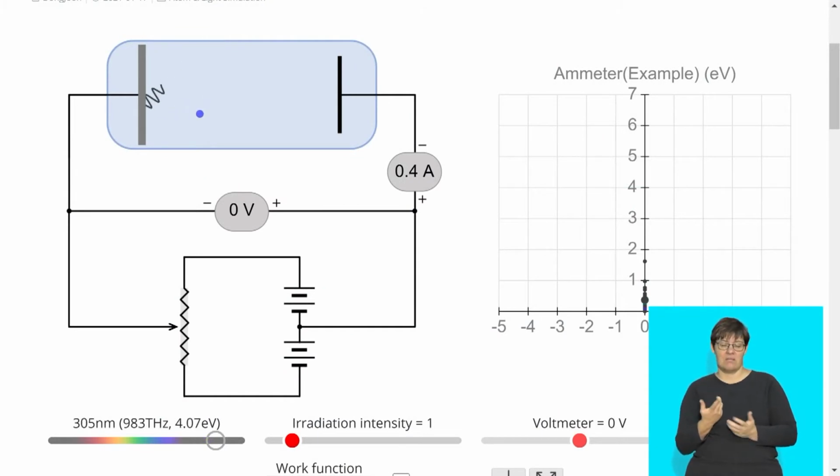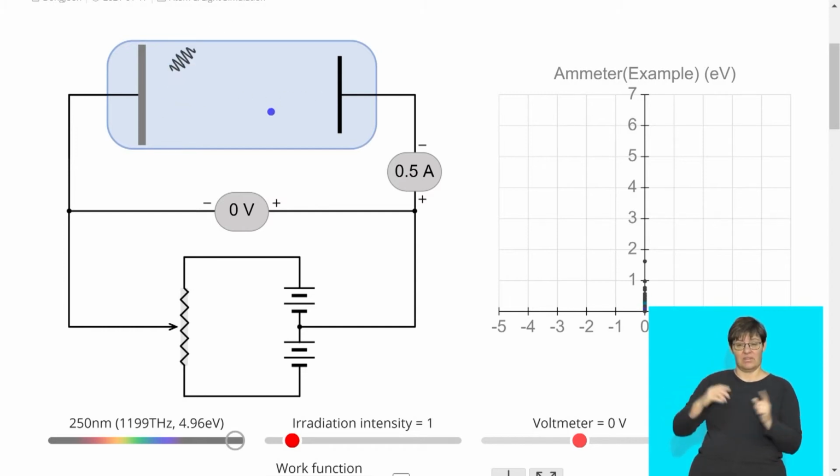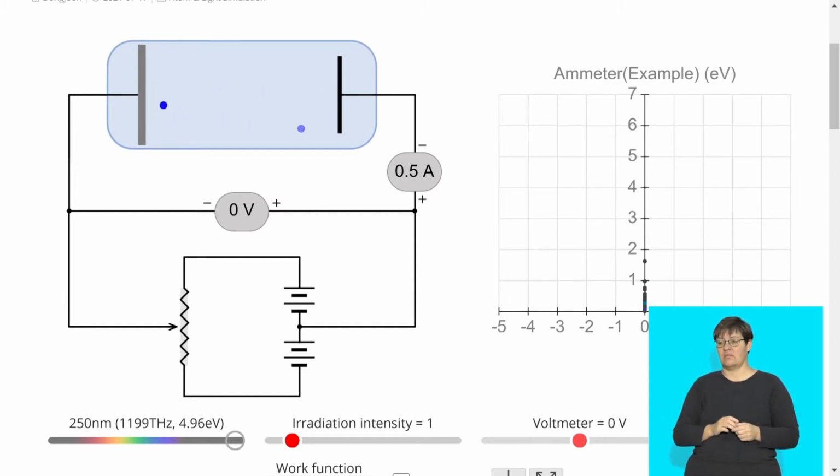Let's go back to the ultraviolet light and make the frequency as high as we can get it. Even before I change the current, you can see that those single little electrons coming off are moving much faster.